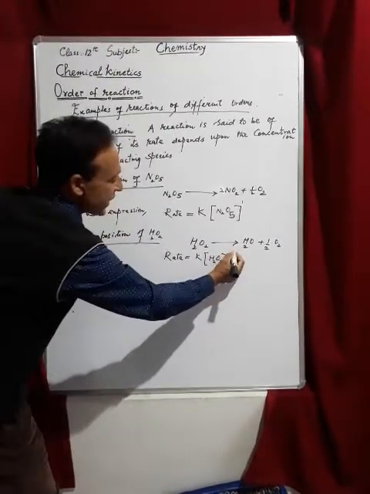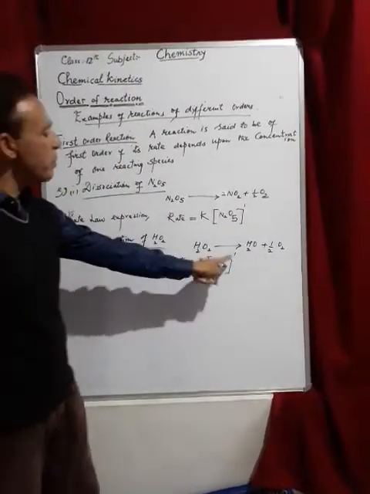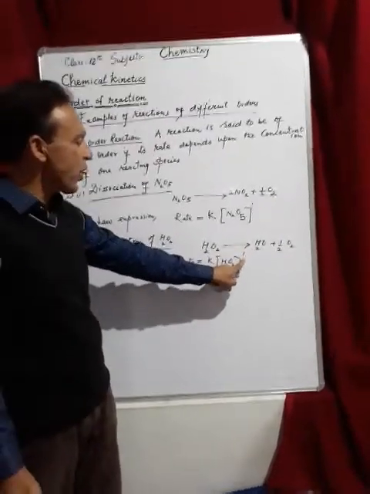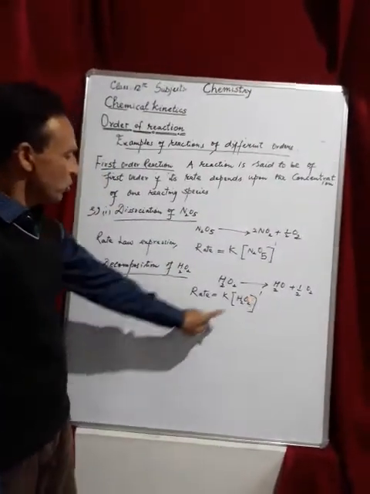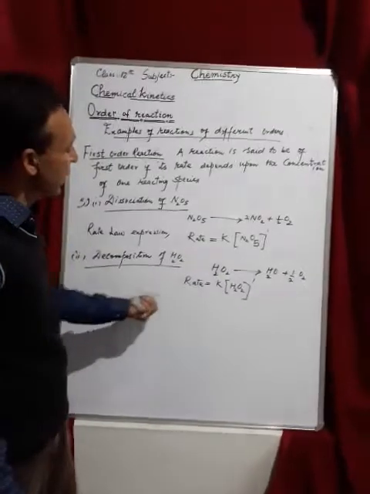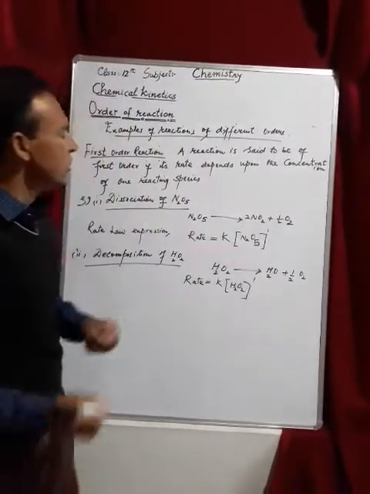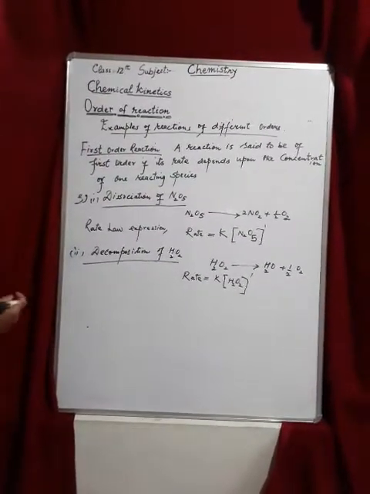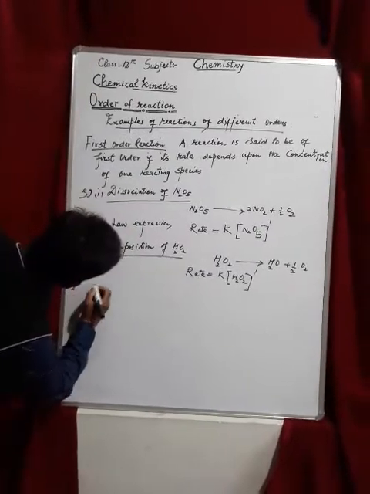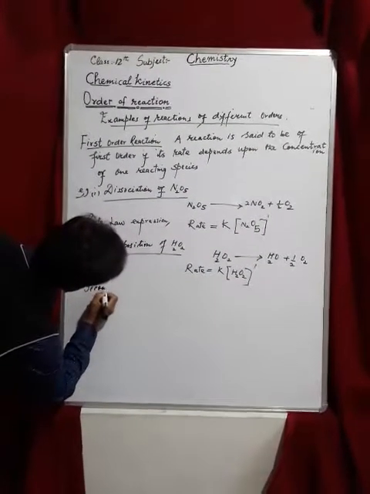There is no power written, that means 1. The value of alpha plus beta is equal to 1. Here alpha is 1, beta is 0. So it is an example of a first order reaction. So number two is second order reaction.